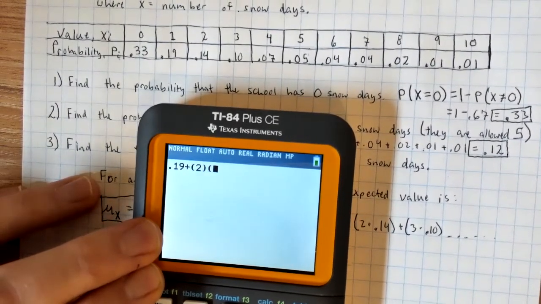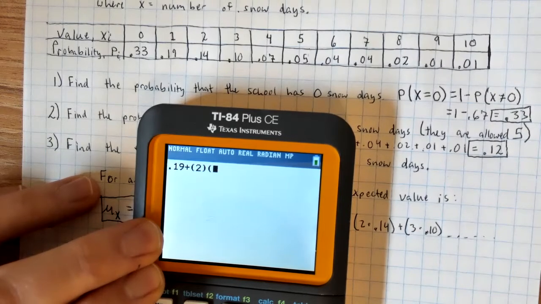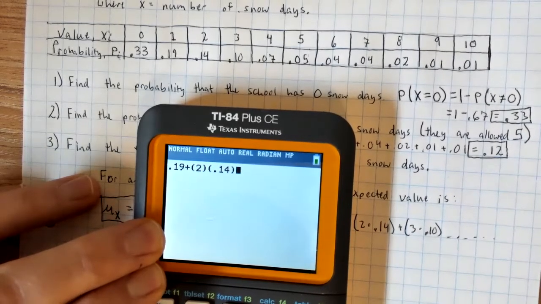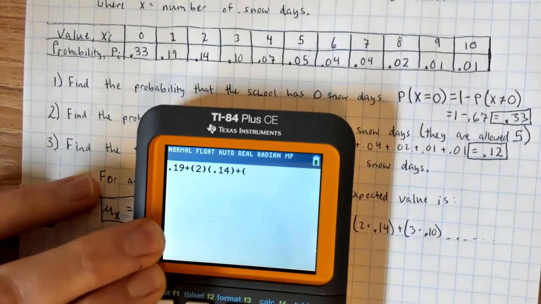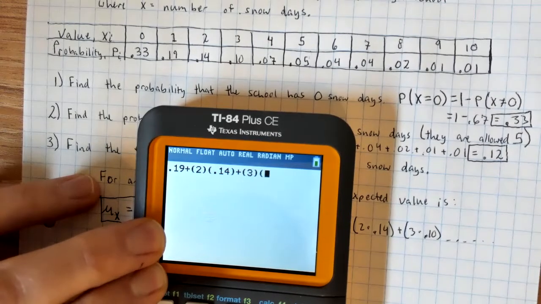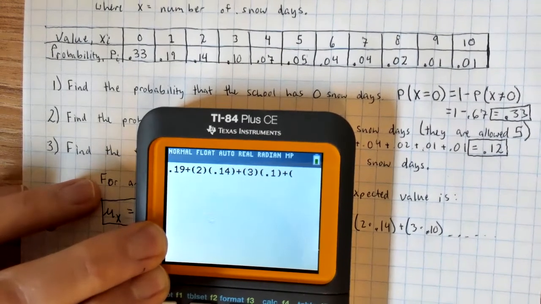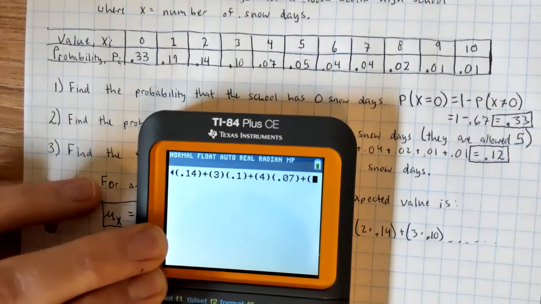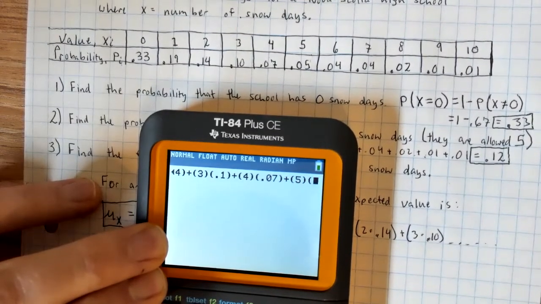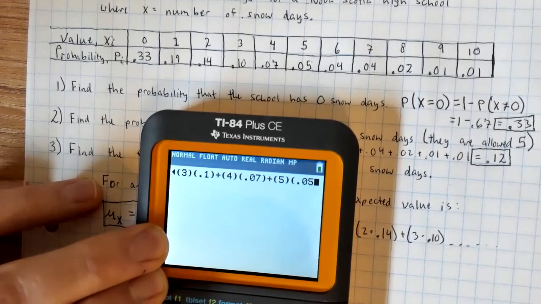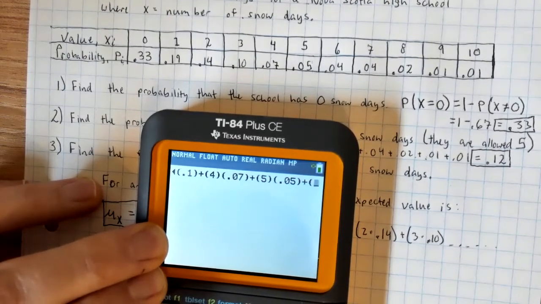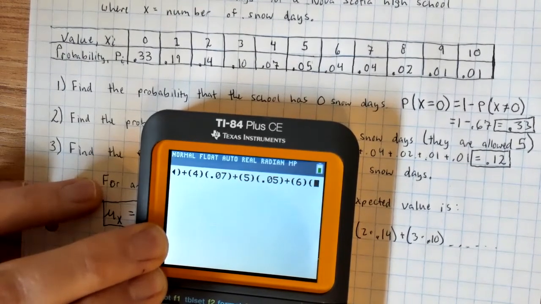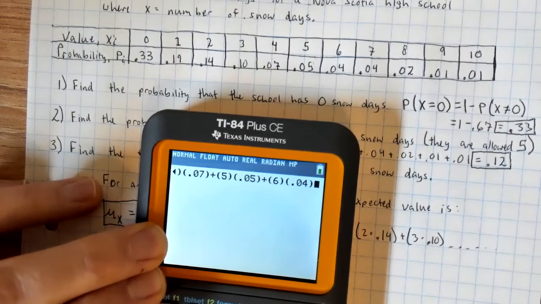So I'm doing 2 times 0.14 plus, next I have 3 times 0.1 plus, a very easy thing to do, just kind of a long drawn out process. Then 5 times its probability of 0.05 plus 6. The probability to have 6 snow days is 0.04.